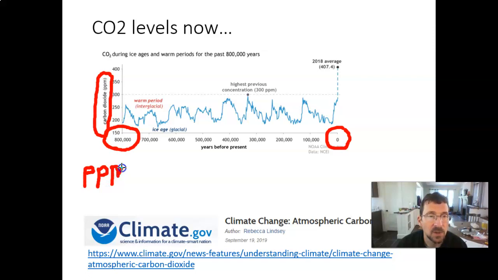This is a measure of the concentration of carbon dioxide in the atmosphere. So that's basically saying of 1 million molecules taken out of the atmosphere, how many of those million are carbon dioxide? That's basically what parts per million means. And you can apply that to any greenhouse gas or any gas in the atmosphere. Or in a liquid, you can do the same kind of measurements for liquid.